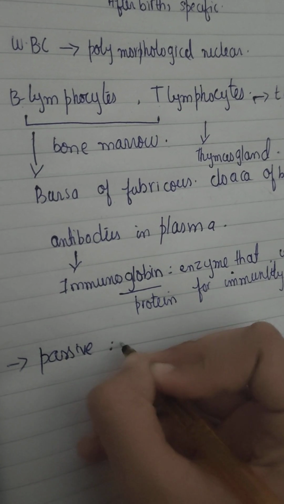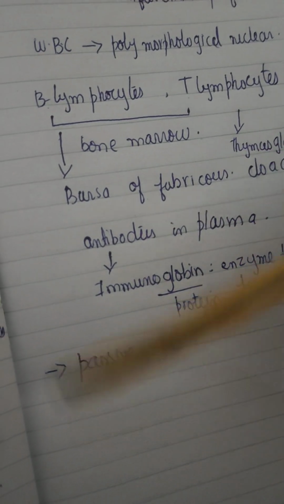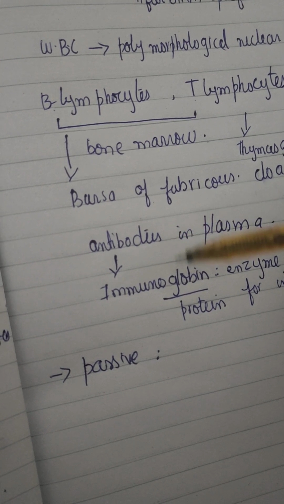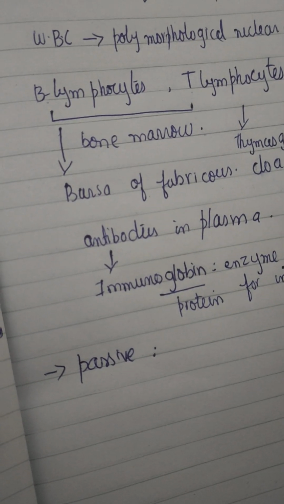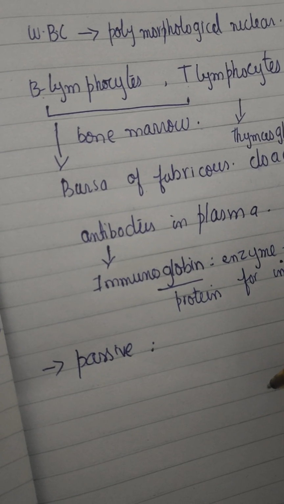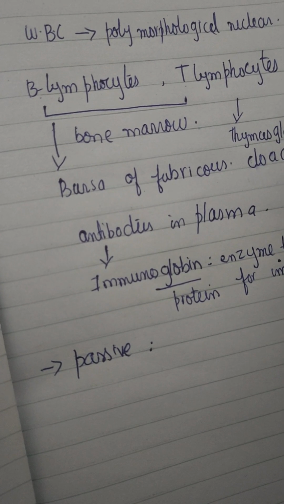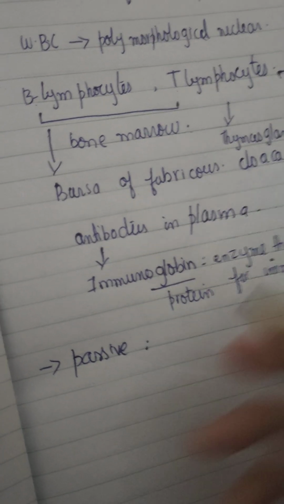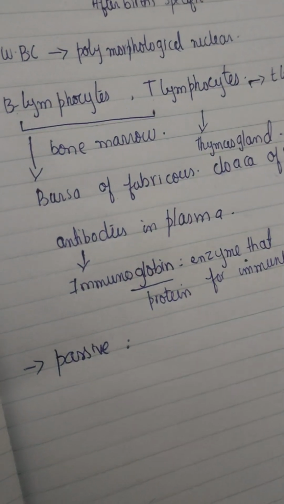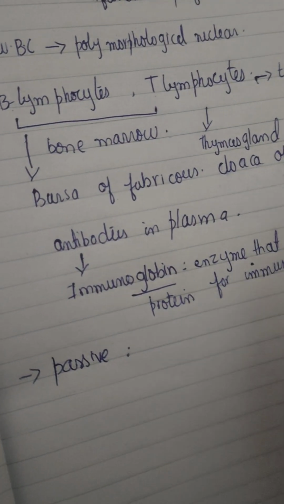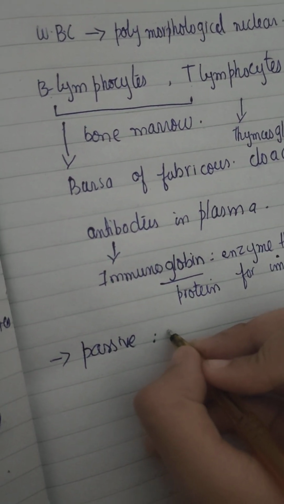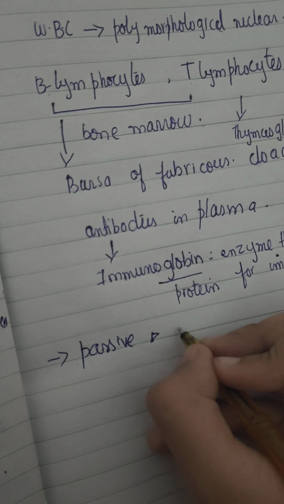In passive immunity, the antibodies are ready-made. They are not created artificially, but are ready-made antibodies that come to our body when we are born. So it is a natural process.